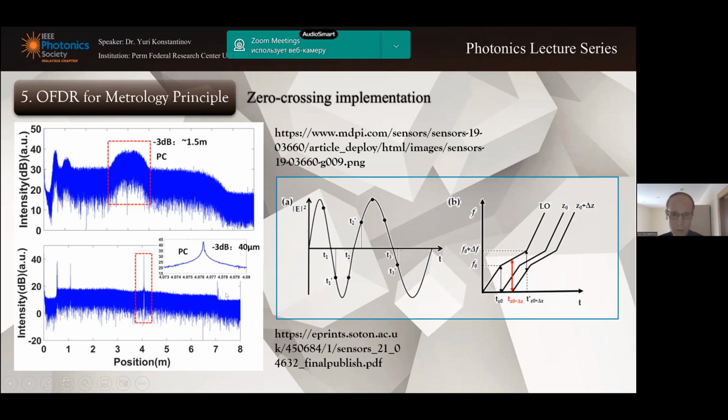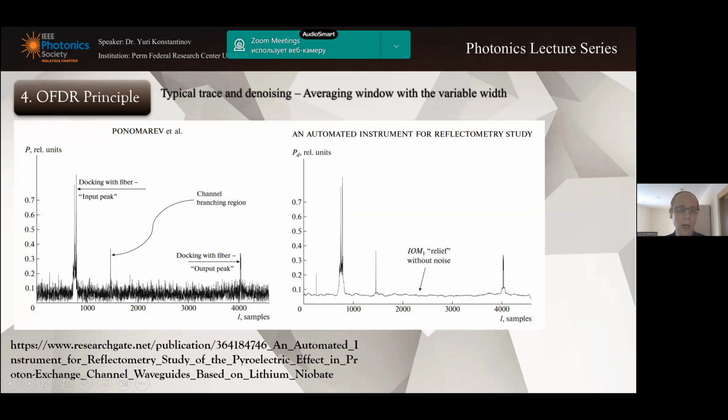So I will go back a couple of slides. I will show the OFDR trace after the zero crossing, and we can see that it's a bit noisy.